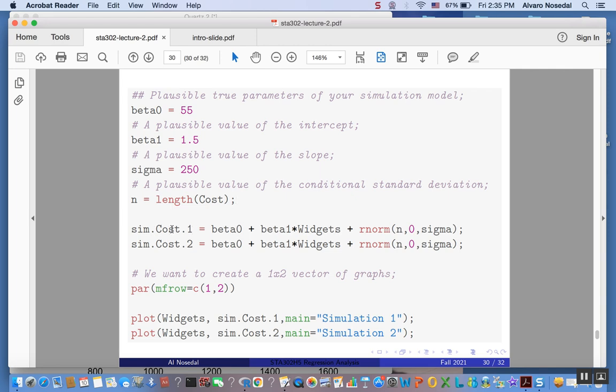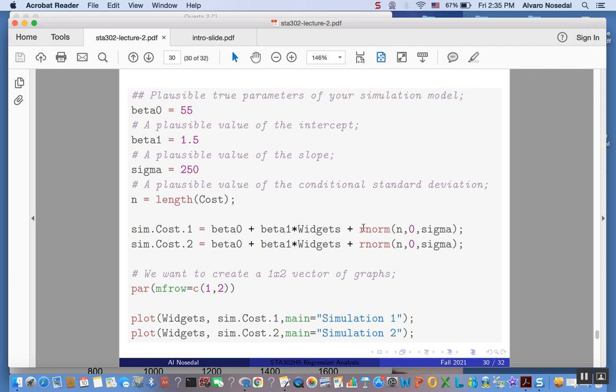We're simulating the cost for the first time here, and I'm using beta 0, assuming that's a good value for the y-intercept, plus beta 1, 1.5, times the number of widgets produced in that particular batch, plus an error term, an epsilon, with a mean of 0 and standard deviation sigma.